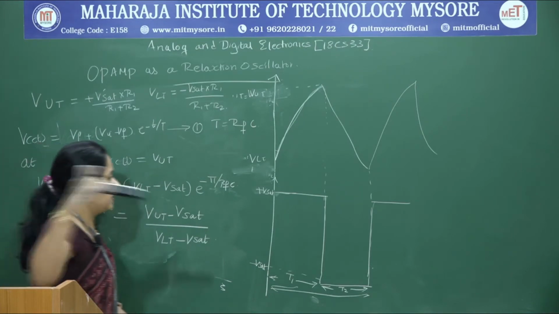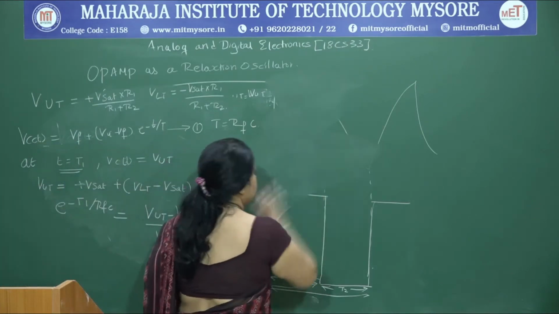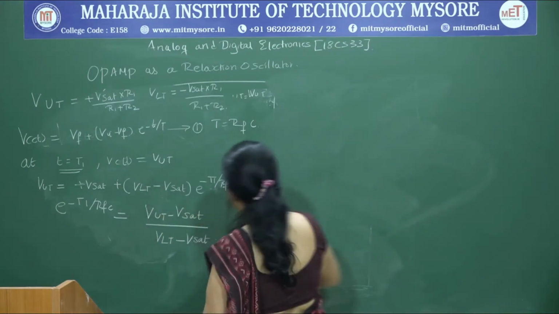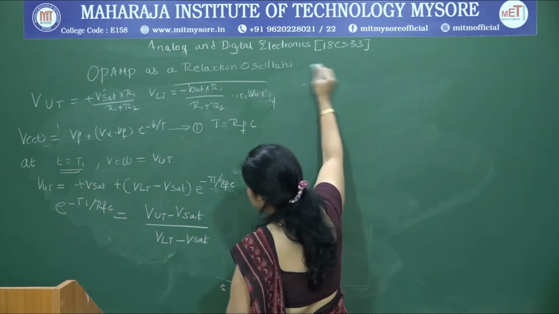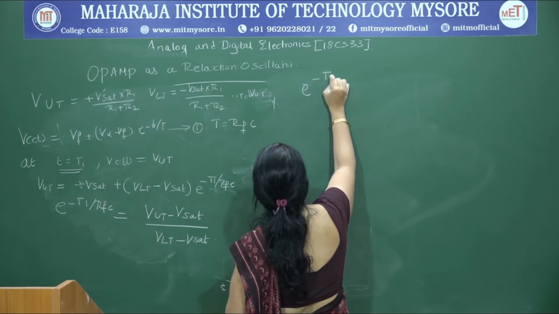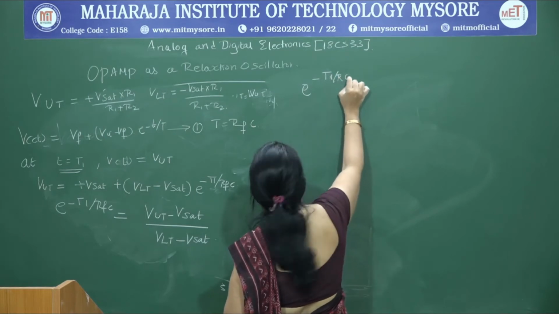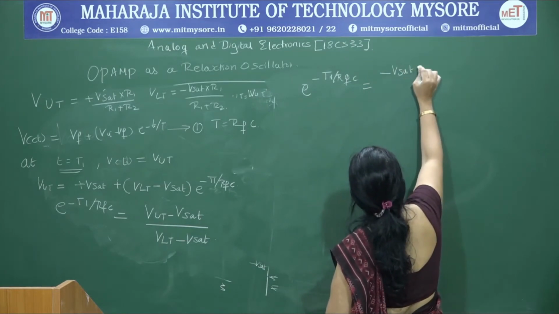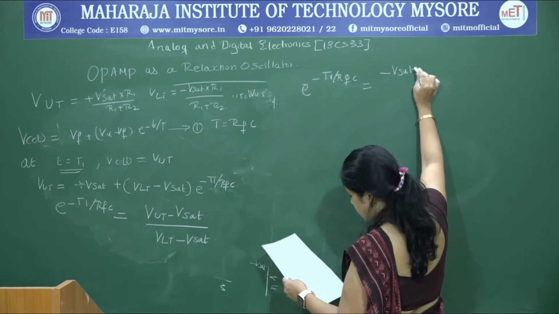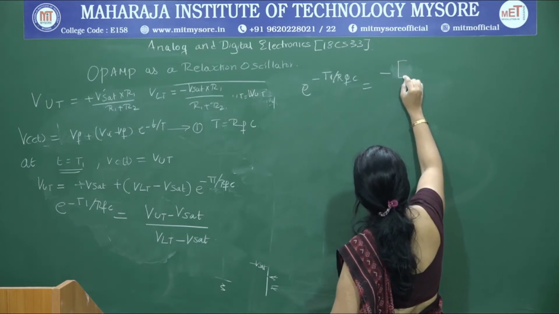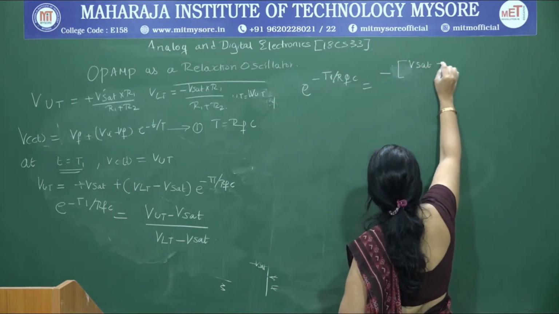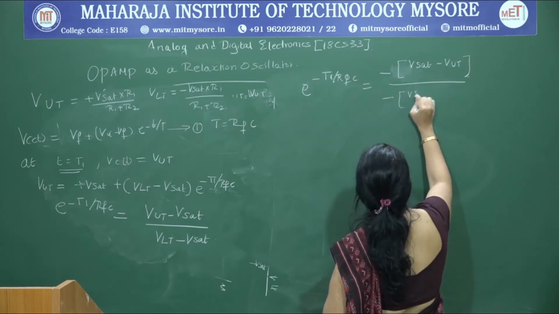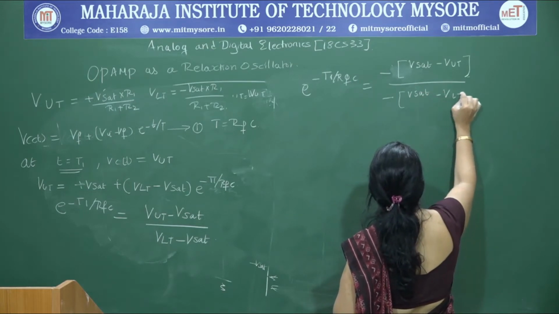If I take minus Vsat common, I end up getting minus T1 by RF into C equal to minus Vsat common, minus VUT divided by minus Vsat minus VLT.